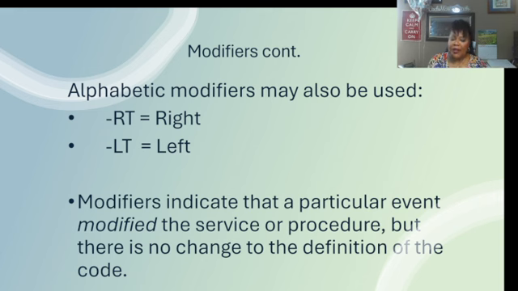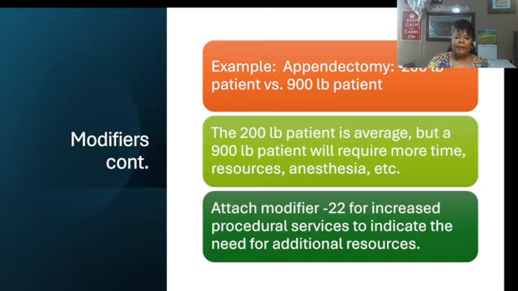But these modifiers indicate that a particular event modified the service or procedure, but there is no change to the definition of the code. For example, an appendectomy is a removal of the appendix, right? Let's compare an appendectomy for a 200-pound patient versus a 900-pound patient.